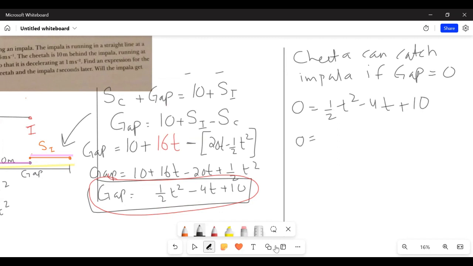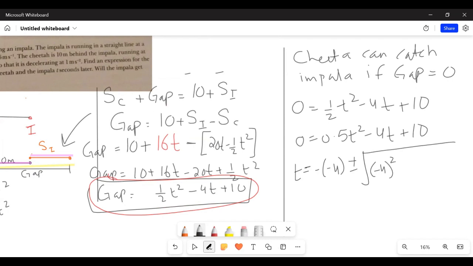I'm going to write it as 0.5 t square minus 4t plus 10. Apply the quadratic formula: minus b plus minus square root of b square minus 4ac upon 2a.